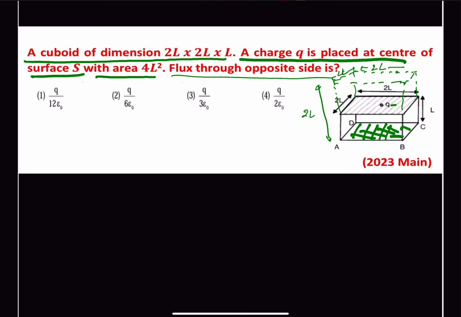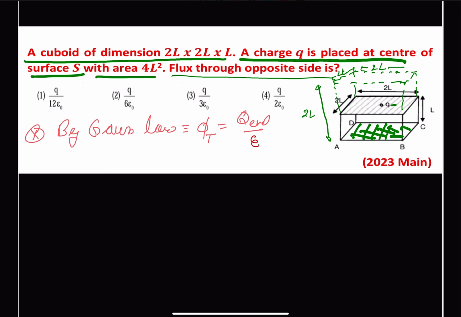Because of the symmetry, by Gauss law our total flux will be equal to the charge enclosed divided by epsilon naught.